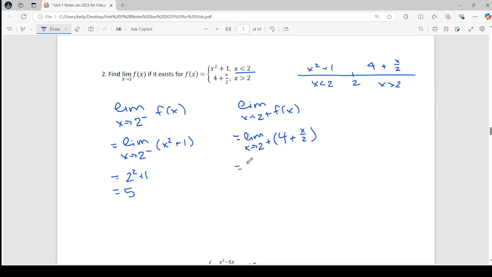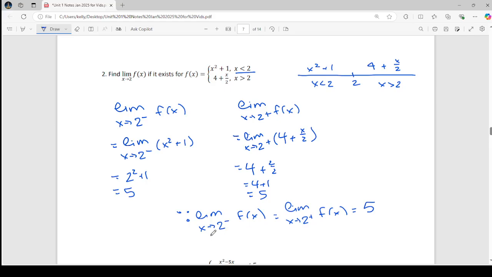We can sub in: 4 plus 2 over 2 is 4 plus 1, and that equals 5. Great. So since the limit as we approach 2 from the left is equal to the limit as we approach 2 from the right, and those limits are equal to 5, the overall limit as we approach 2 of this function is equal to 5.